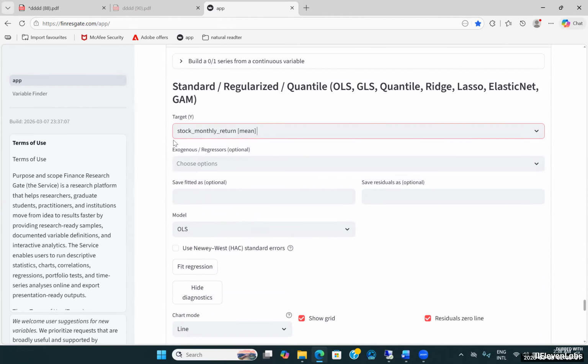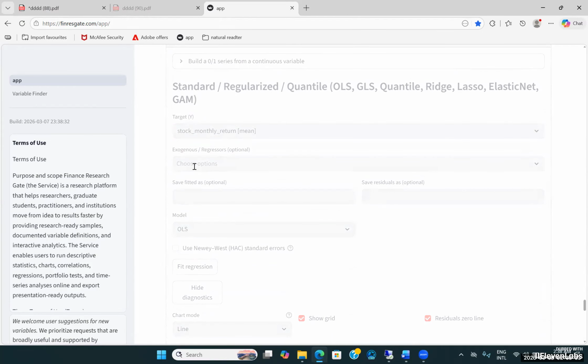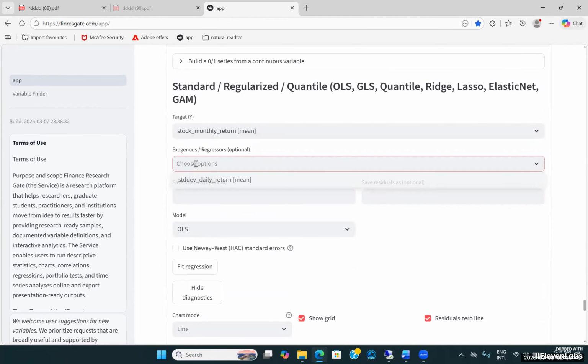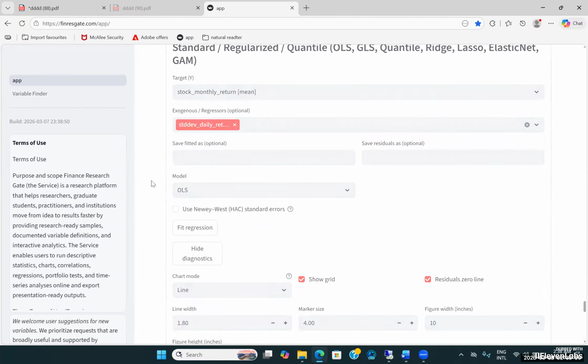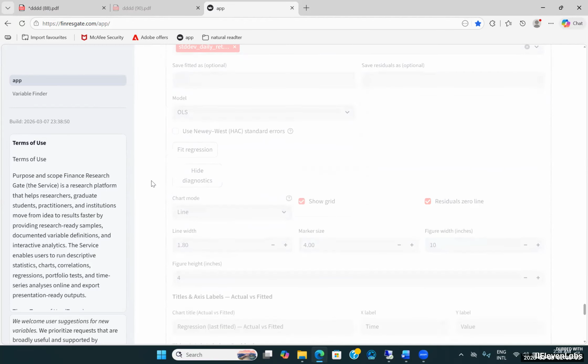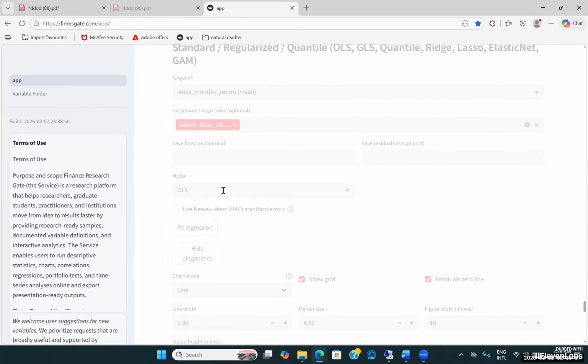So, the dependent variable, which we're calling y, represents the monthly return, and the independent variable, also referred to as the exogenous variable, or the regressor, or just the x variable, is the volatility. And then at this stage, it becomes necessary to select the specific quantile.